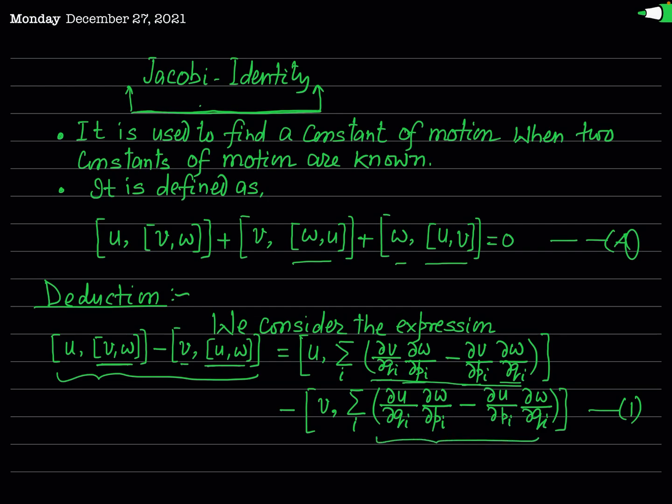Here this is summation over i of del U by del Qi times del W by del Pi minus del U by del Pi times del W by del Qi.